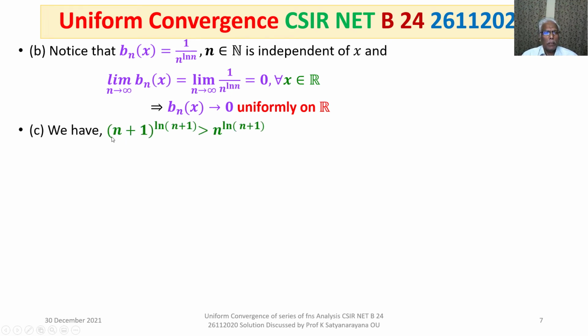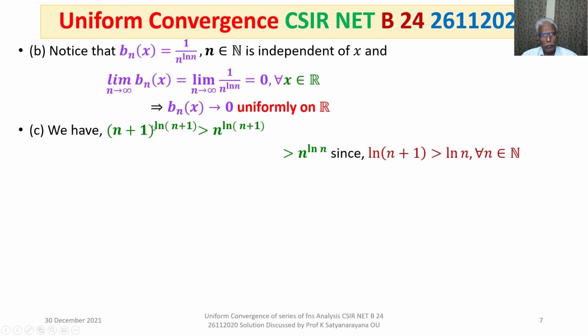Now, for any natural number n, n plus 1 is always greater than n. Therefore, n plus 1 to the power of ln of n plus 1 is greater than n power ln of n plus 1. And now ln of n plus 1 is greater than ln of n, therefore it is greater than n power ln of n, because ln of n plus 1 is always greater than ln of n for all n belongs to N. Now write the reciprocals.